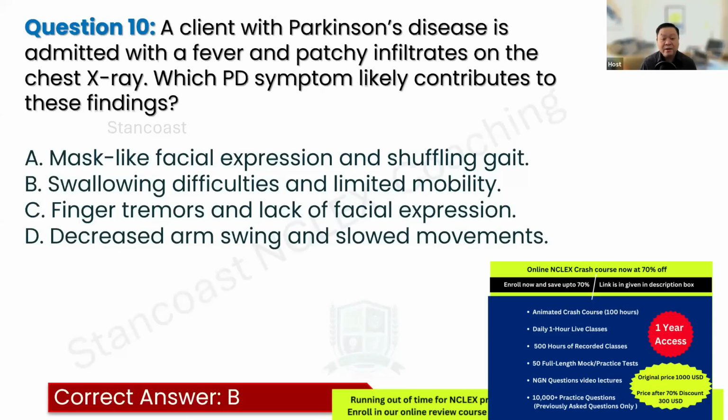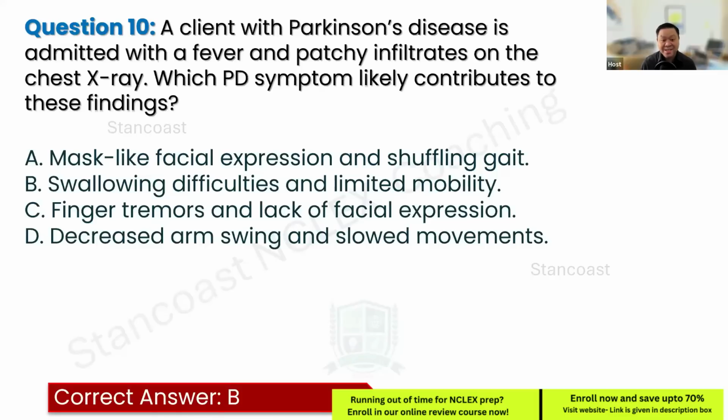Your strategy here is to prioritize the answer that connects symptoms of a disease with secondary complications. So you have to focus on how Parkinson's disease impacts swallowing and mobility, which can heighten infection risk.